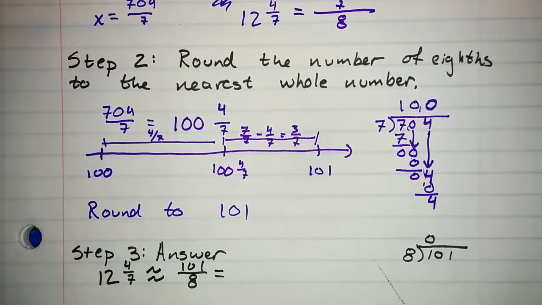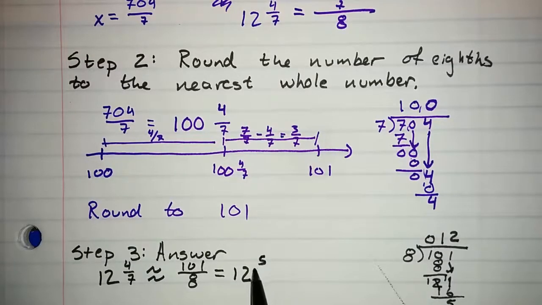No. It goes into 10 once. 8 goes into 21 twice. 5 left over, right? So this is 12 and 5/8. Notice the whole number part didn't change. That's usually going to be the case.